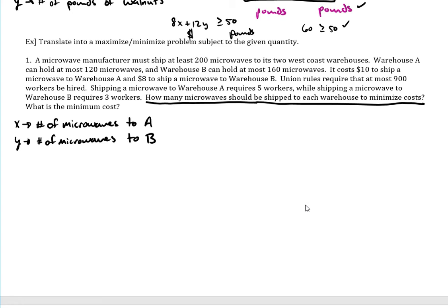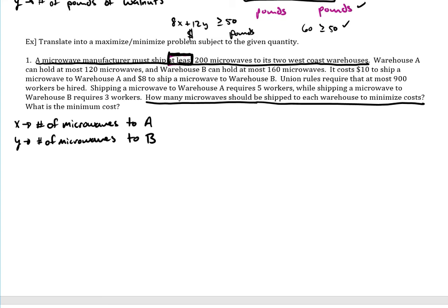Okay, so starting off, let me go ahead and use my black ink still. This first line says a microwave manufacturer must ship at least 200 microwaves to its 2 West Coast warehouses. So "at least" — let's box it. So at least 200 microwaves to its 2 West Coast warehouses.